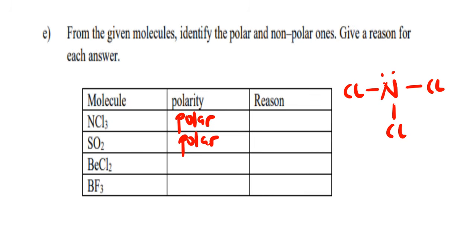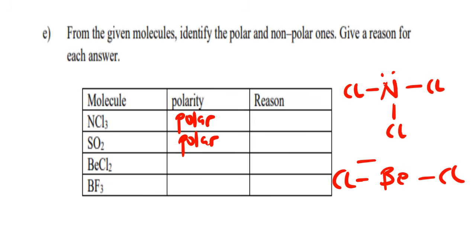Then we have beryllium dichloride. Okay, now beryllium and chlorine, so this is just a linear structure. So if this is beryllium, and we've got our chlorine this side and our chlorine that side, because it is linear, what are we going to have in a linear structure like this one?